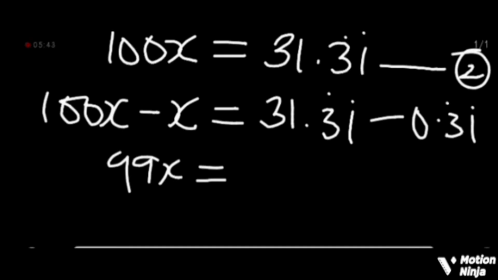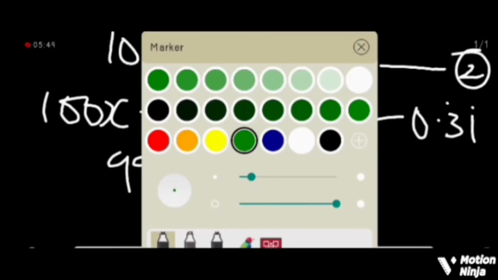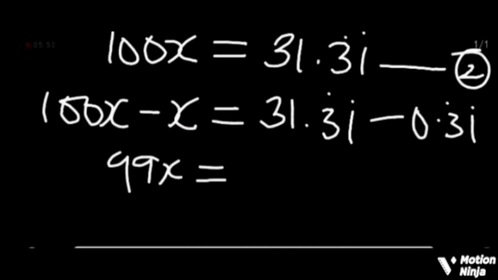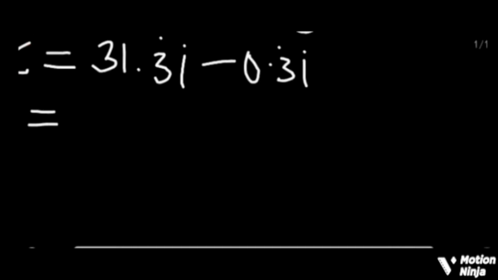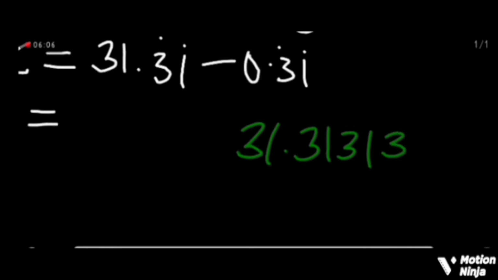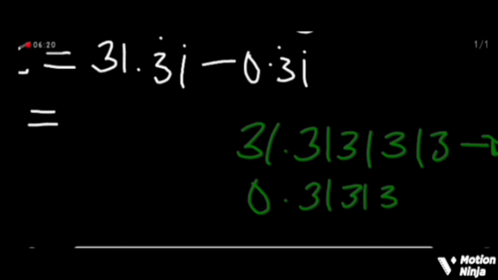Which is equal to, here if we subtract, we have to see how we can subtract. How can this number be subtracted? Let us see here. First we have 31.31 up to infinity, and here we have 0.31313131 up to infinity.